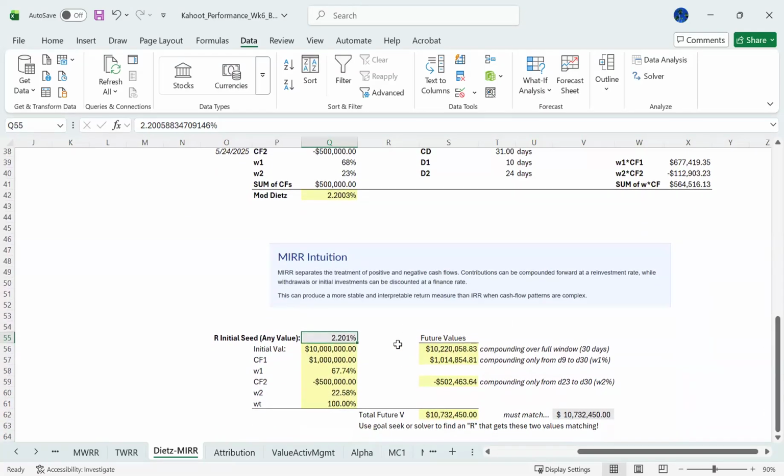And then we have the modified internal rate of return, which is the same framework, but not exactly the same as the MIRR we have seen in capital budgeting, though quite similar, and it leads us to an even more precise value, which in this case is 2.201.